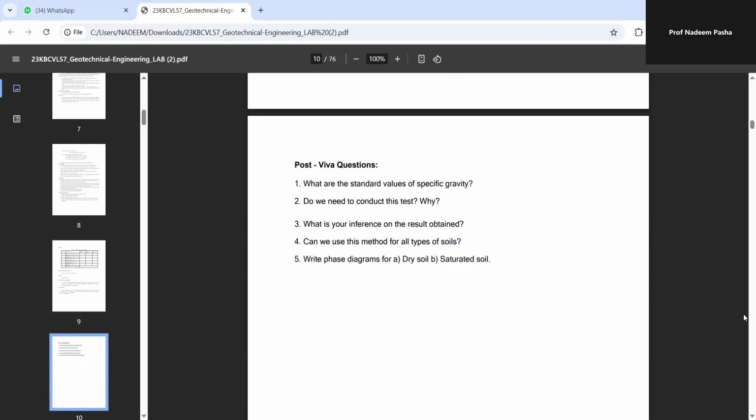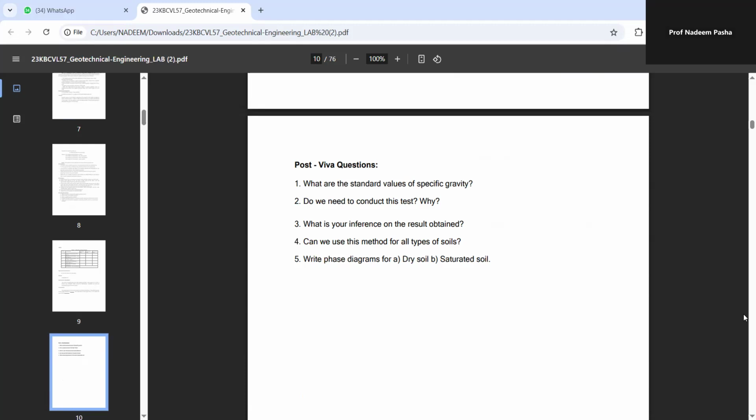What is your inference on the result obtained? See here, there may be some error. There may be some trial and error, but most of the time you will get good results when you carry out a specific gravity test because there is not much confusion. It is simple. W1 is the weight of the empty pycnometer with cap. W2 is the weight of the pycnometer with cap plus 300 gram of soil.